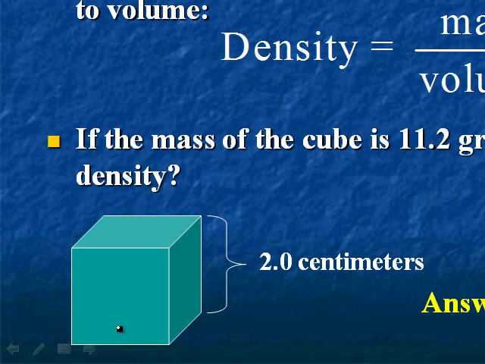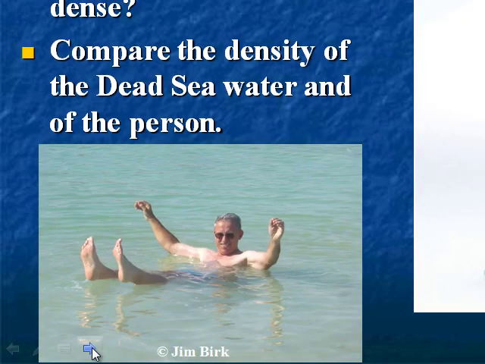Now having said that, looking at this equation, if we know any two quantities, you can rearrange the equation to find the third quantity, right? If I give you mass and density, you can calculate the volume. Or similarly, if I give you density and volume, you can calculate the mass. Okay, so we can rearrange the equation to calculate the third quantity.